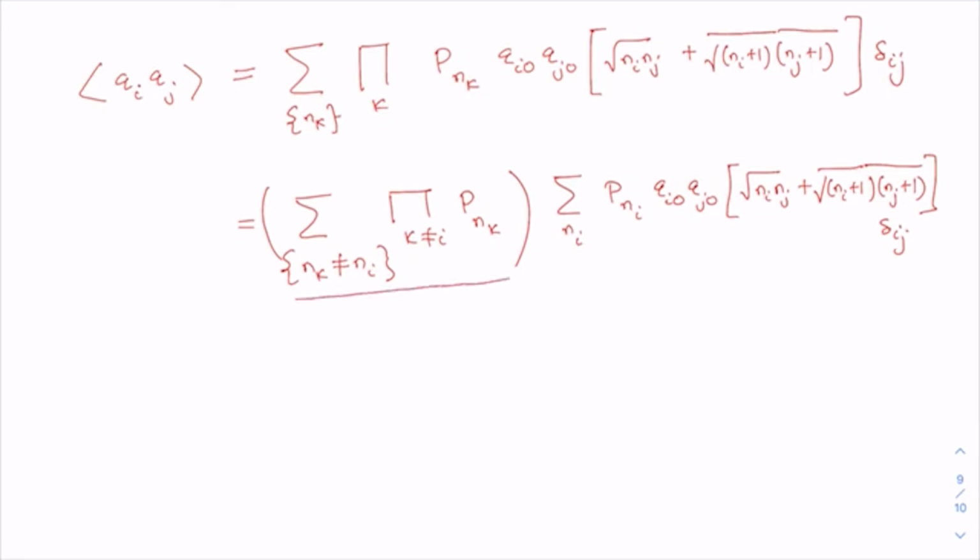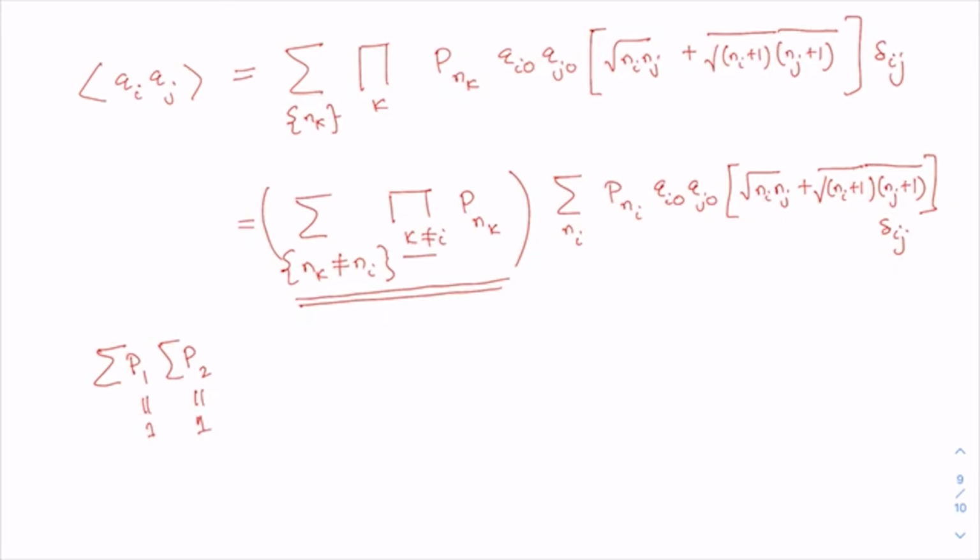Now you see this particular term will give you simply 1, because the corresponding probabilities, p1 summation, p2 summation, because of this product, each of these sums would be equal to 1.